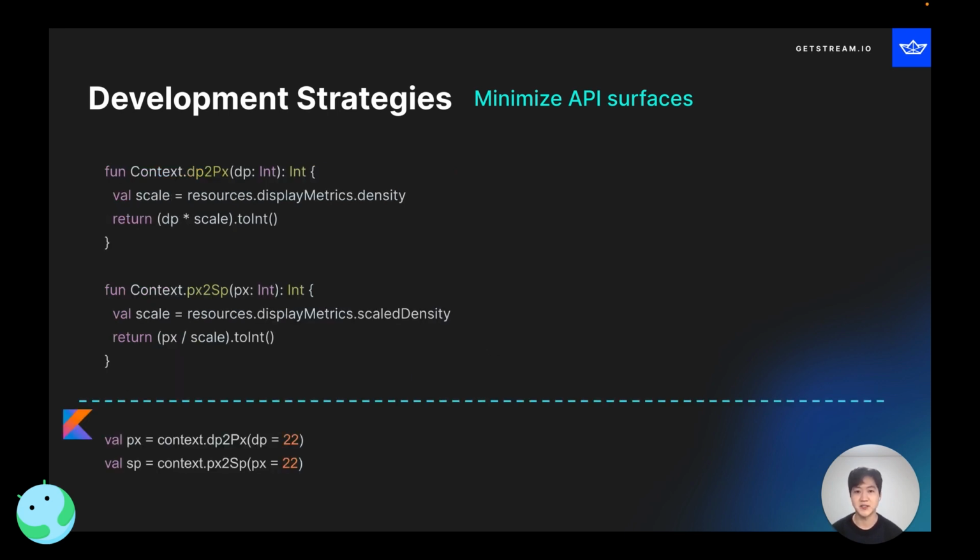Especially in the case of extensions, APIs can be exposed much more easily because they are widely applied in the project. So it's important to attach an internal modifier and restrict accessibility to the extensions if you don't want to expose the extensions to entire user projects.